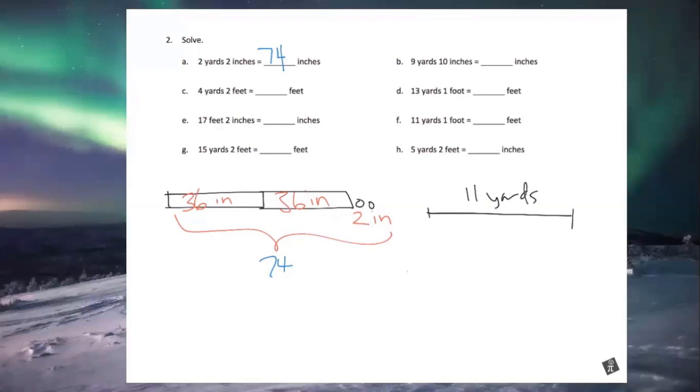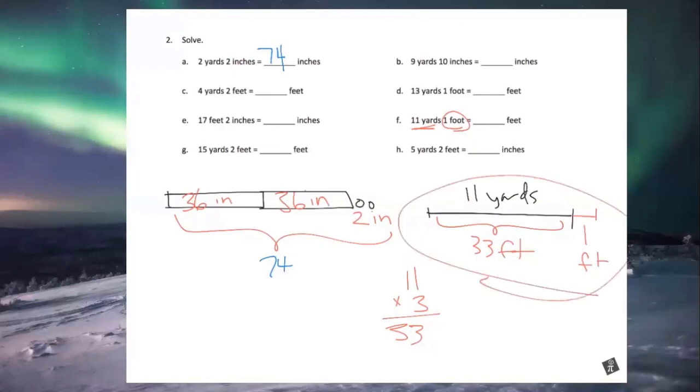And so 11 times 3 is 33. So this is 33 feet, but we've got 11 yards plus 1 more foot. So how many feet do we have all together in 11 yards plus 1 foot? Well, the answer is 34 feet.